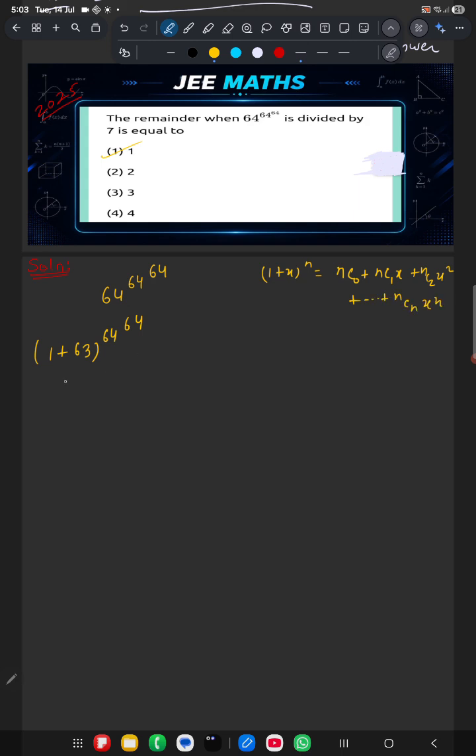Using that, we can expand it as 1 plus, nC0 is 1, nCn is also 1, so I'm just writing it as 1, plus 64C1 into 63, 64C2 into 63 square plus ... plus 64C64 into 63 power 64.